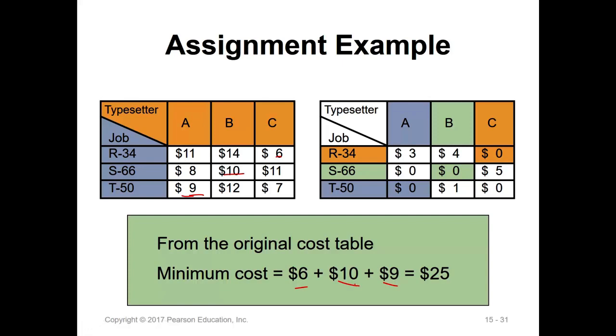Using this strategy can help you get the minimized cost. Using others, if you assign R34 with A, or this one with B, and this one with C, let's say it is 11 plus 10 plus 7, so it is $28.